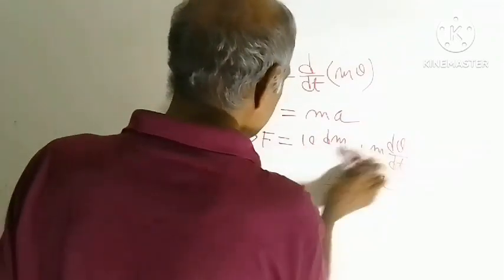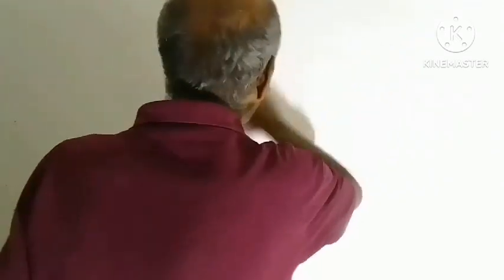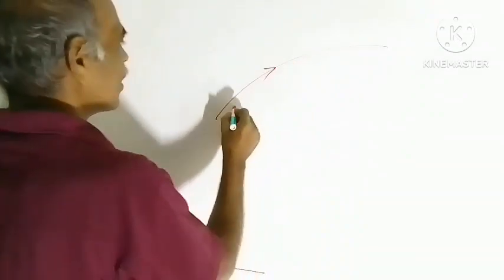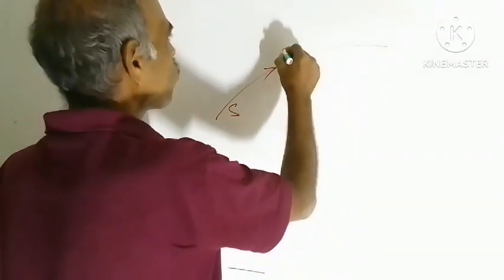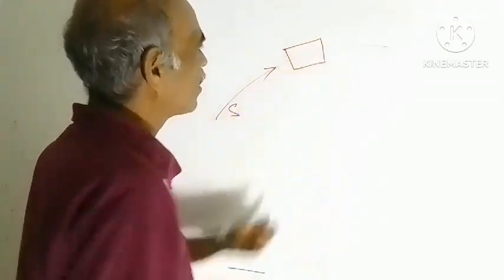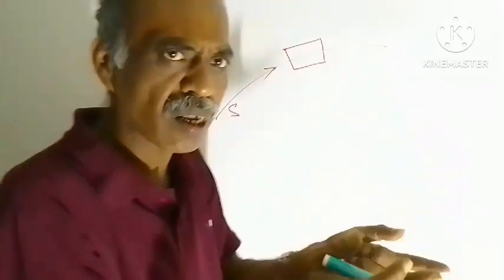So the first thing was this one. And the second is to derive Euler's equation of motion along a streamline. What you need to do? This is the streamline, S represents the streamline. You need to take one cylindrical fluid element. This face is actually circular.